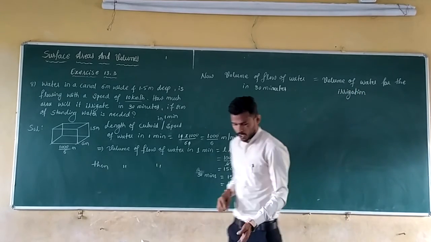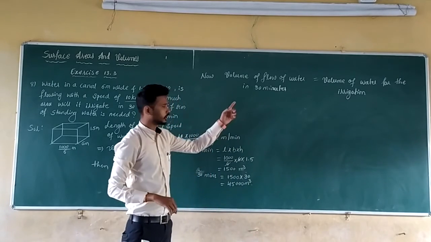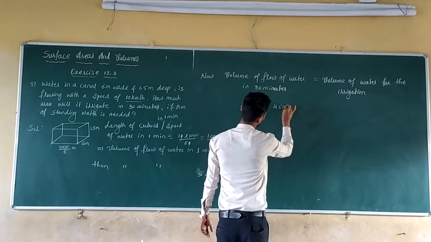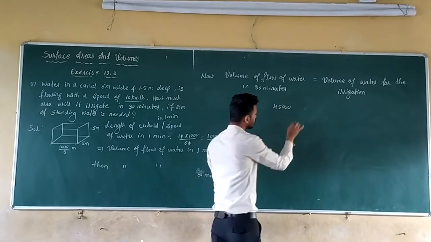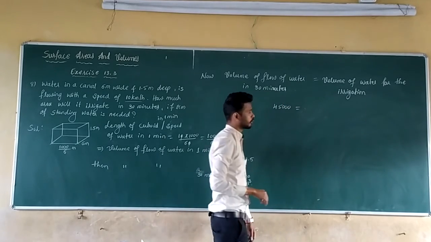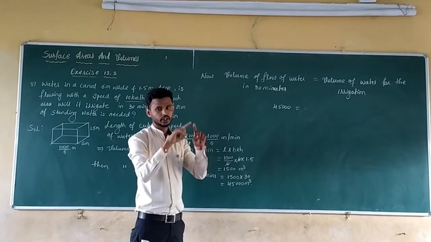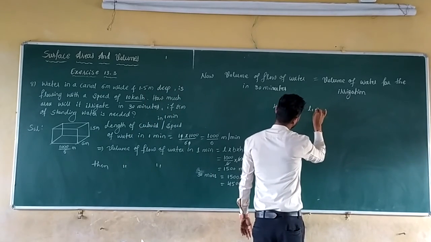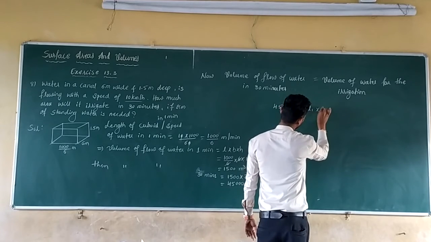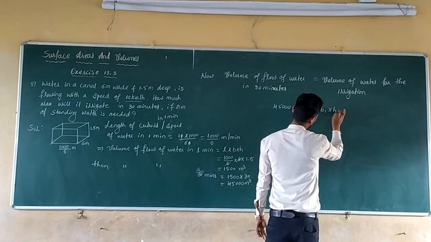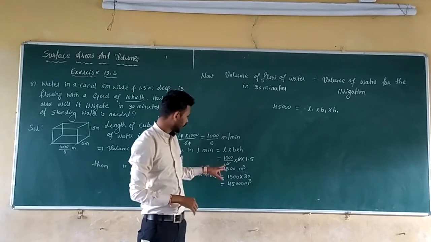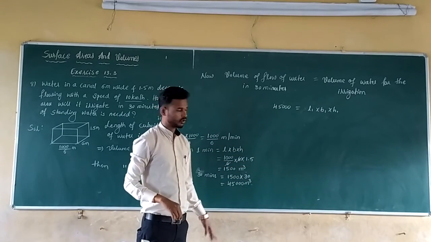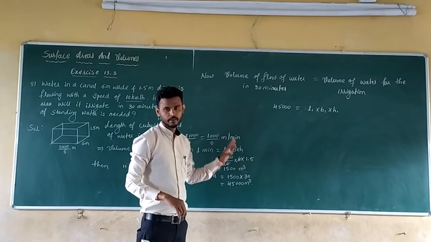The volume of flow of water in 30 minutes is 45,000, which equals the volume of water for the irrigation. That is also in the shape of a cuboid. Let us write it as L1 into B1 into H1, because I have already taken L into B into H. Represent those differently, because both have different dimensions.